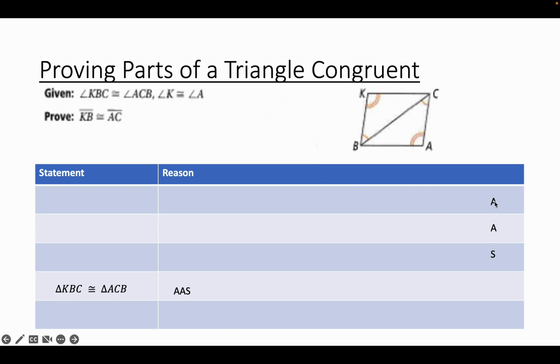So let's start out with that first angle to prove these triangles congruent. Angle K is congruent to angle A. How do I know? That's given.